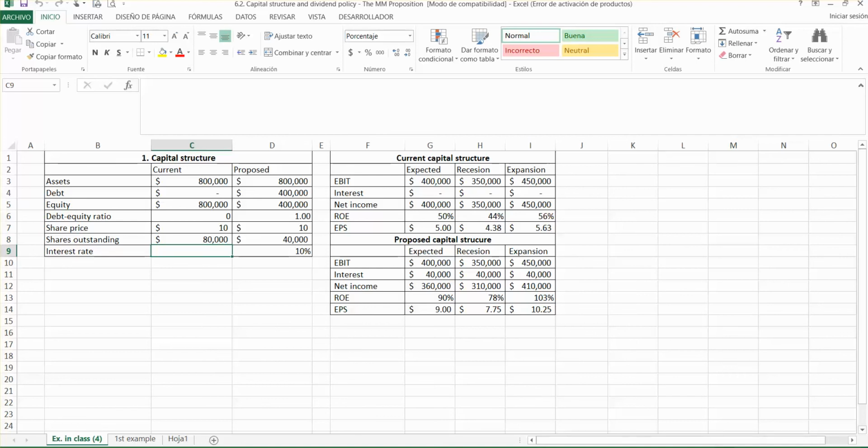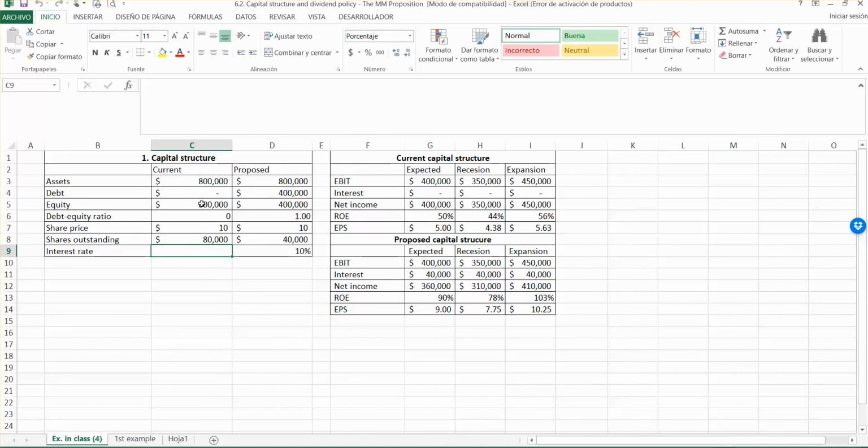So let's start watching this exercise about the capital structure and how it is structured. Okay, because we have the assets of the firm, and we have the current and the proposed scenario or option. Okay, so debt, we don't have debt in the current option, so we just have equity.